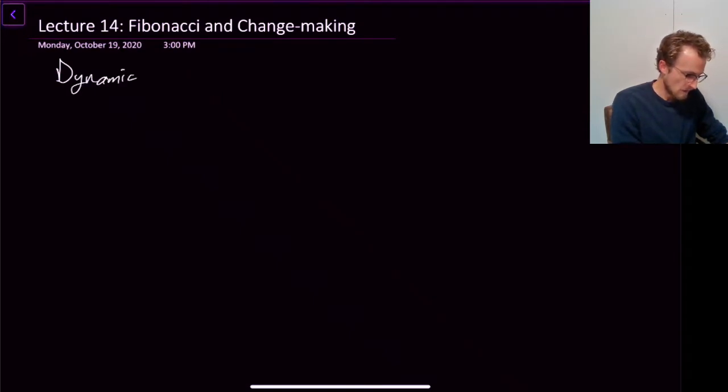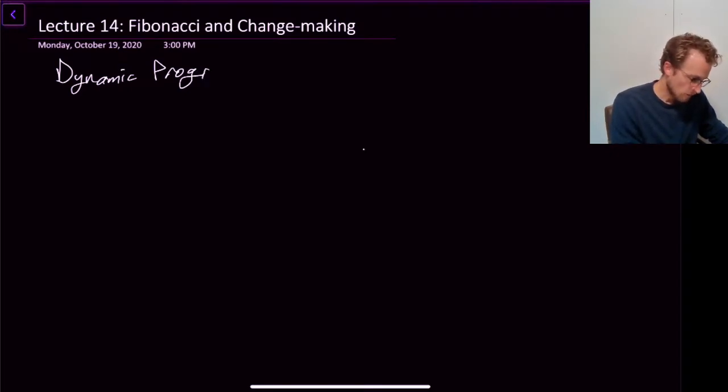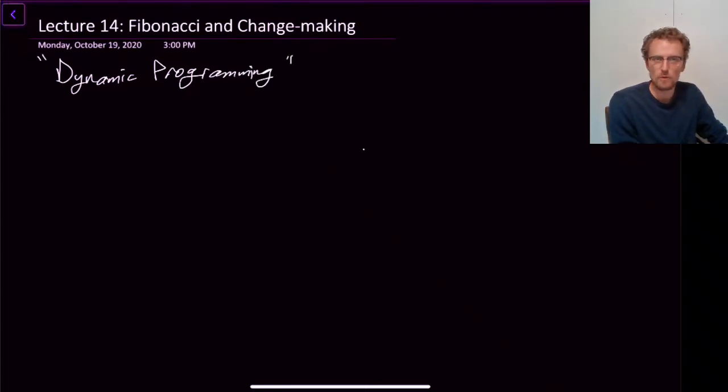I'll occasionally call it dynamic programming, but as much as I can, I'll call it just DP, because I think the term dynamic programming is actually very misleading in a computer science context. Maybe if I write "dynamic programming," I'll put it in quotes to convey that this isn't what it sounds like.